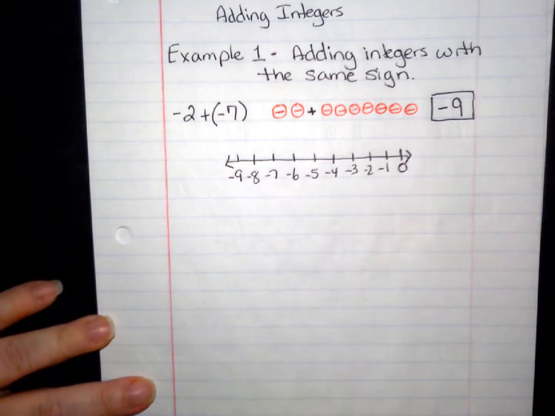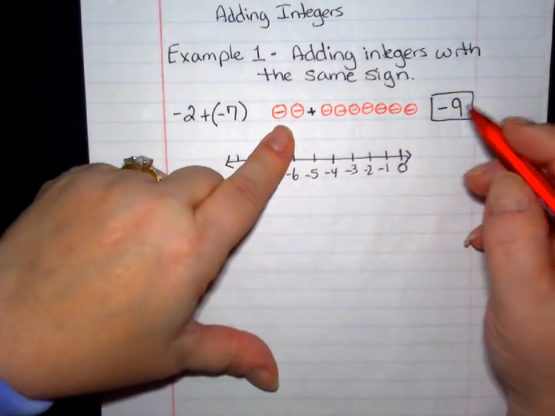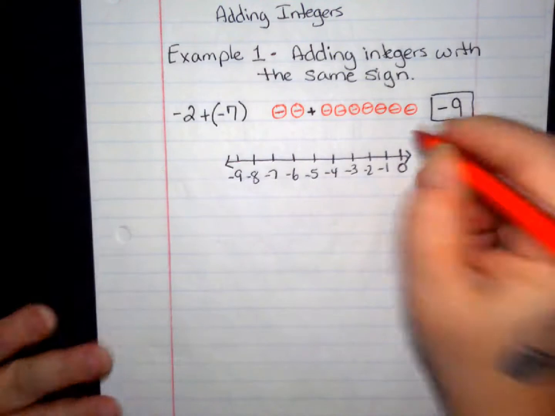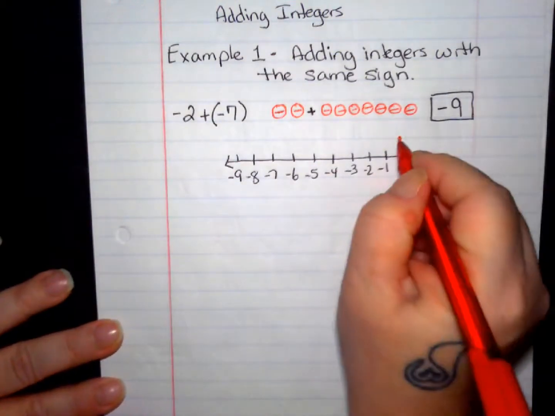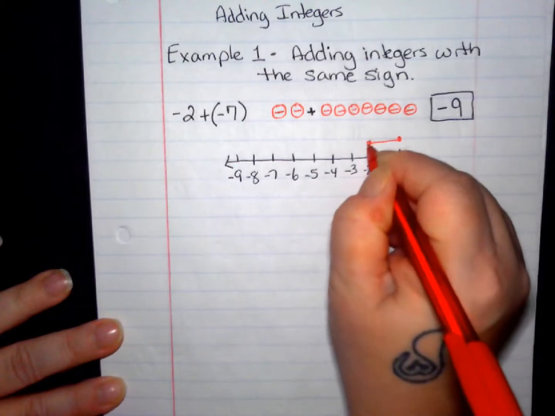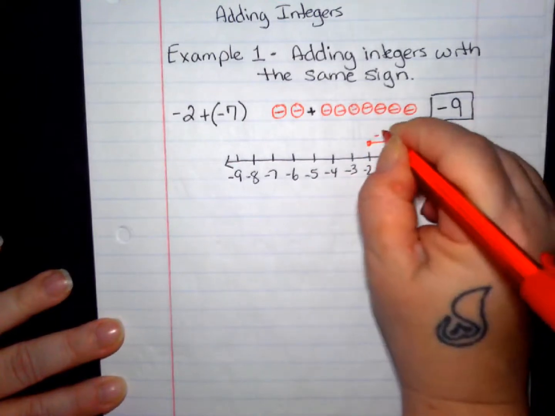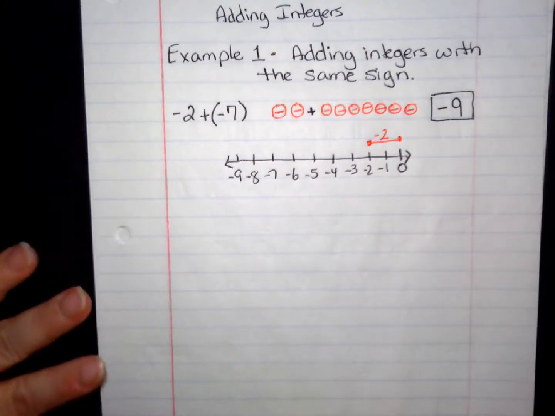And remember, before I had the -2, I had nothing, so I start at 0, right? But I had a -2, so I start at 0, and I'm going to 2, okay? So that's -2. Notice how I'm graphing above. This is one of the reasons why I said we graph above the line.